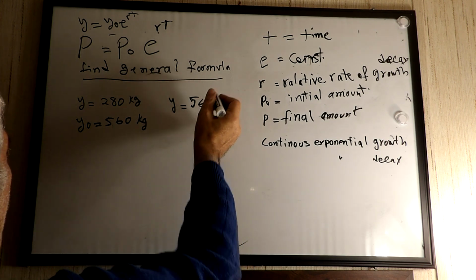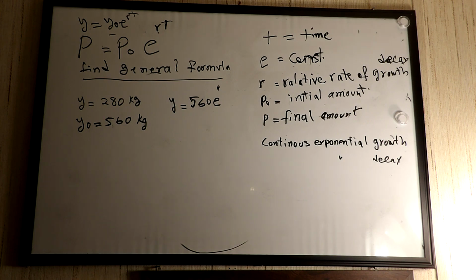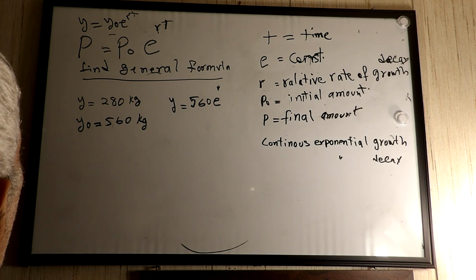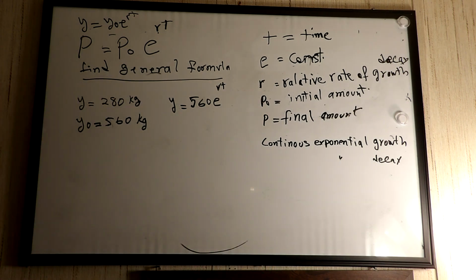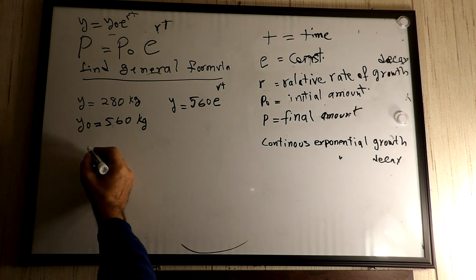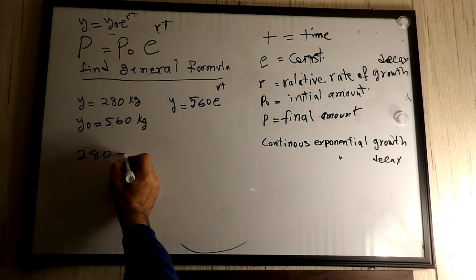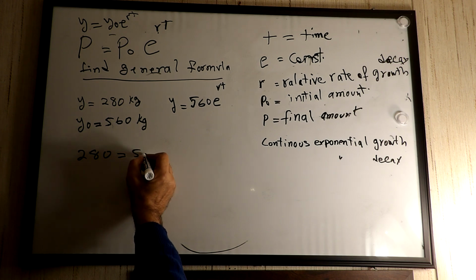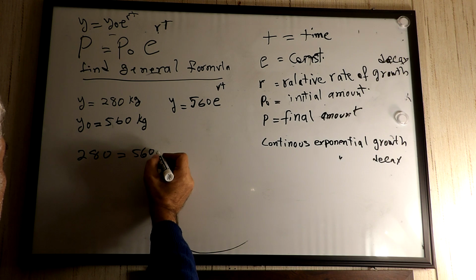When we find r, we have the general formula. So what we say is that 280, the final amount, is going to be 280, and the initial amount is 560.